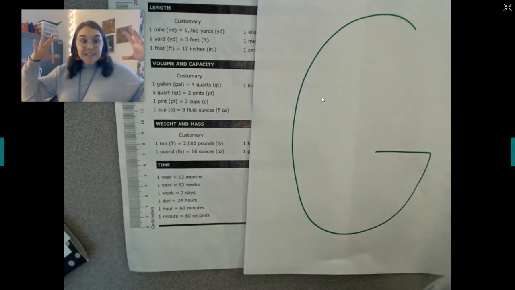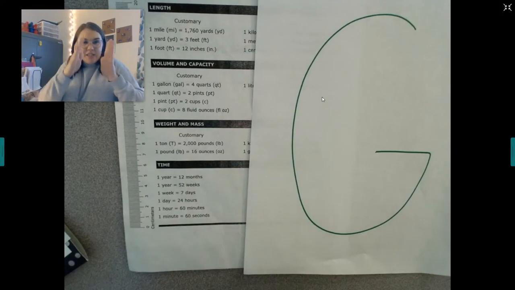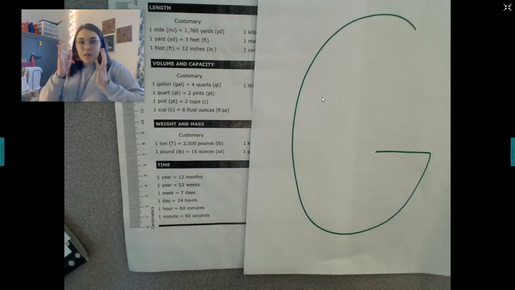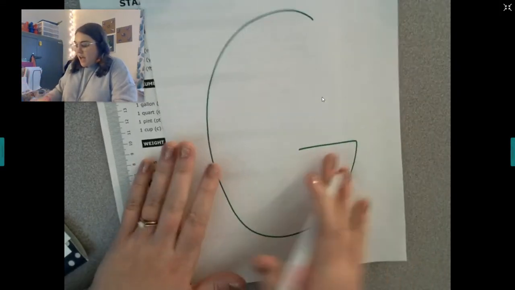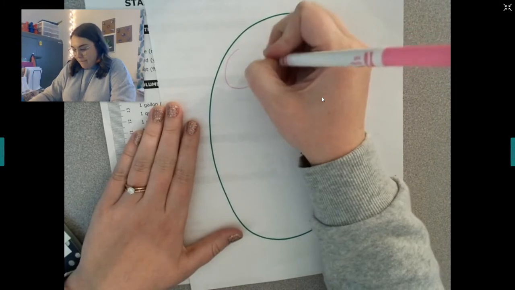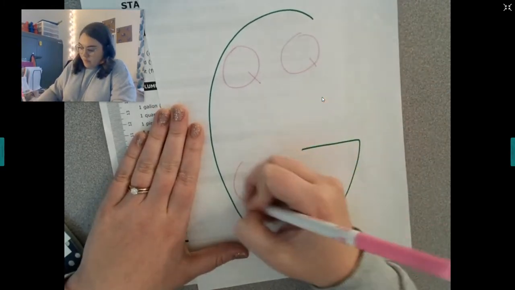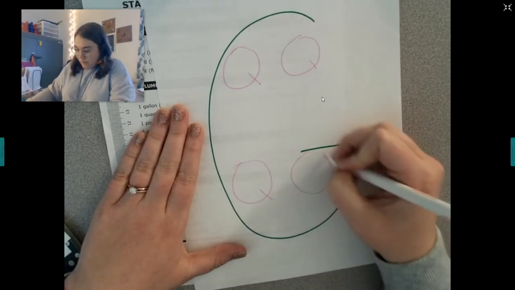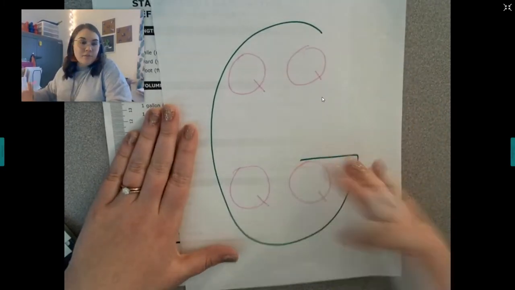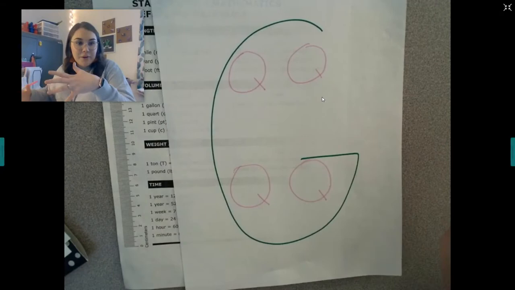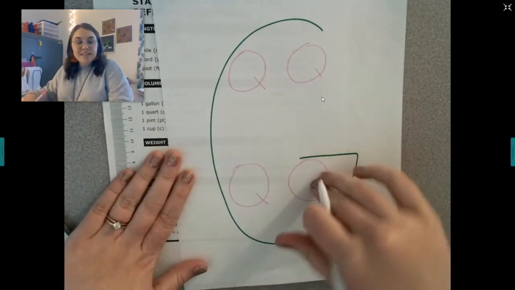So a gallon's the big one. But do you ever get just the little tiny ones of juice? They're a little bit smaller than a gallon. That is a quart. And there are 4 quarts in a gallon. So this is the gallon man or gallon guy or the big G, whatever you want to call it. But there are 4 quarts in a gallon.